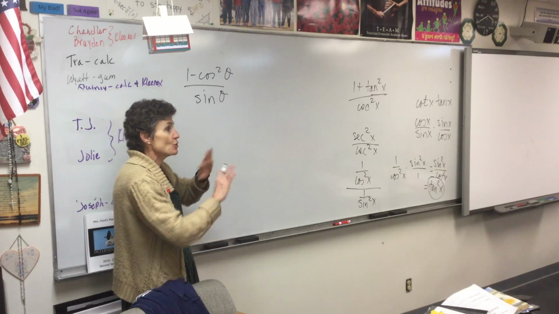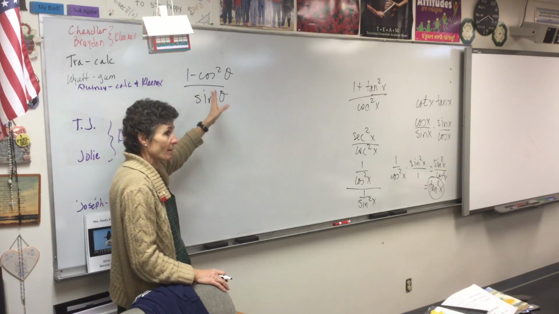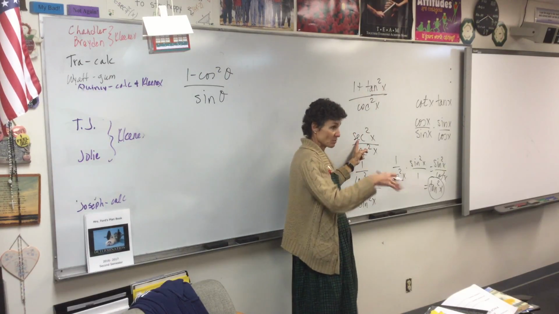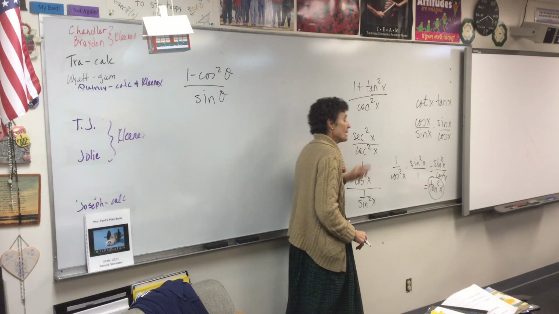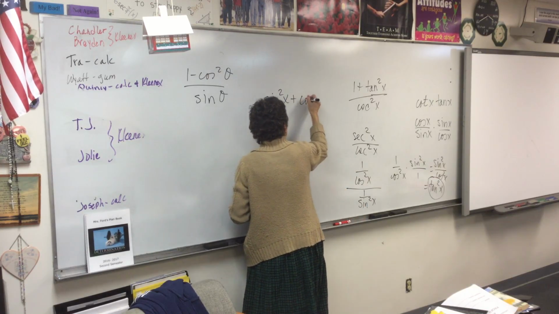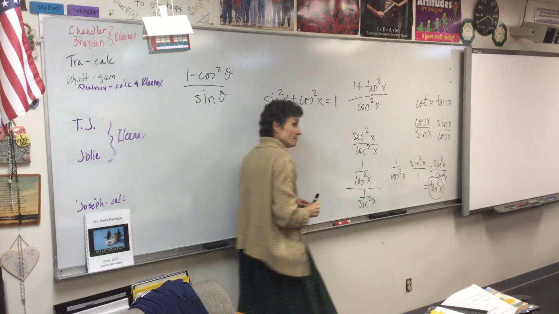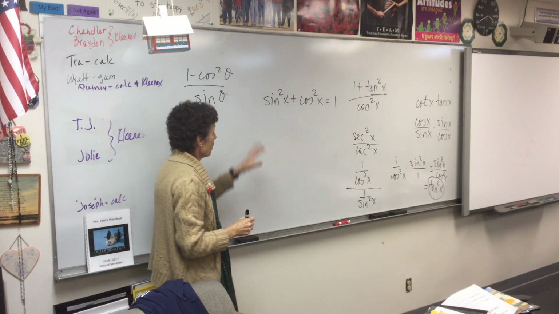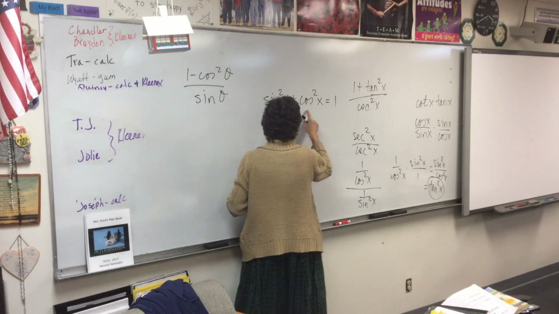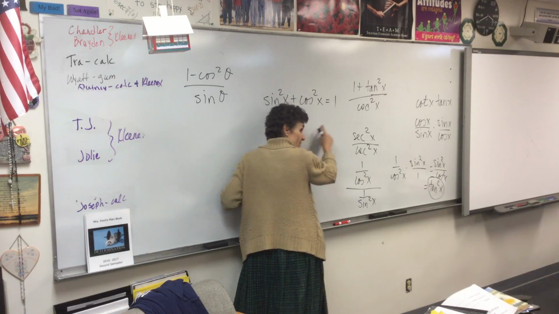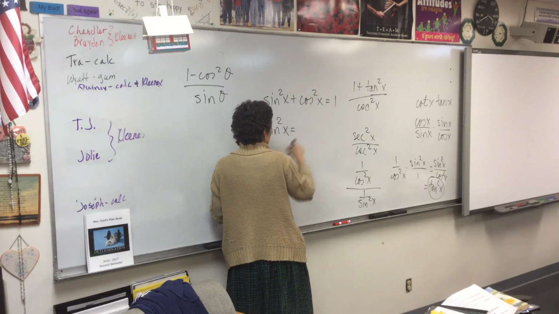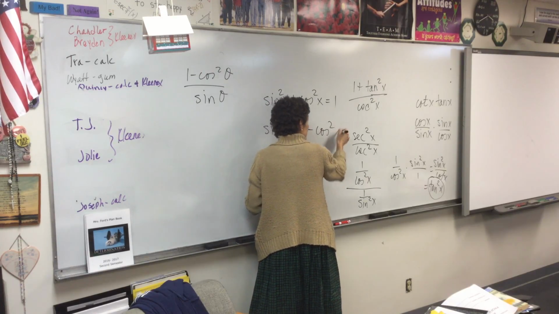Now, there is no identity that says 1 minus cosine squared. There is one that says 1 plus tangent squared, and that's why I was able to do that. However, there is an identity that says sine squared plus cosine squared is 1. What if I rearrange this identity? What if I move the cosine squared to the other side? Then it would say sine squared equals 1 minus cosine squared.